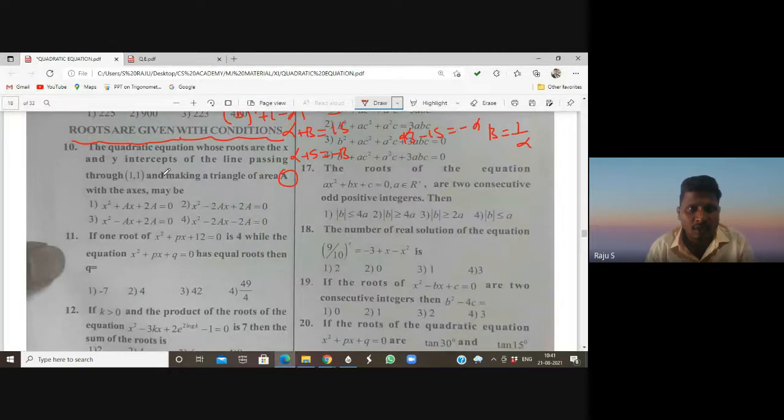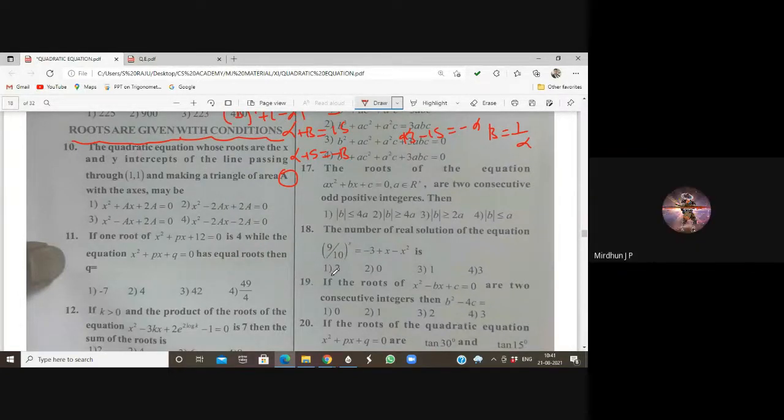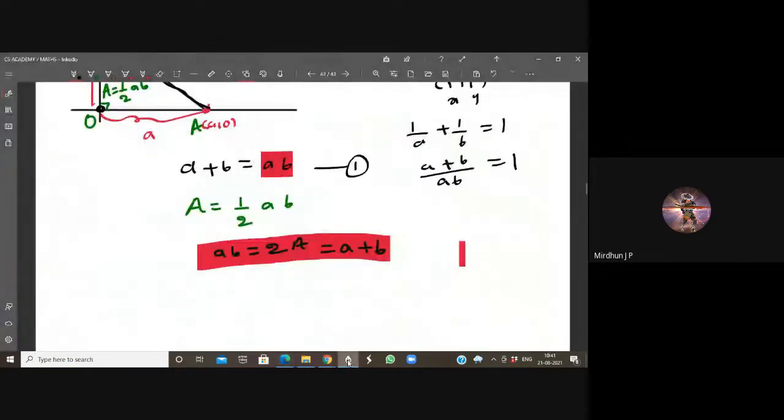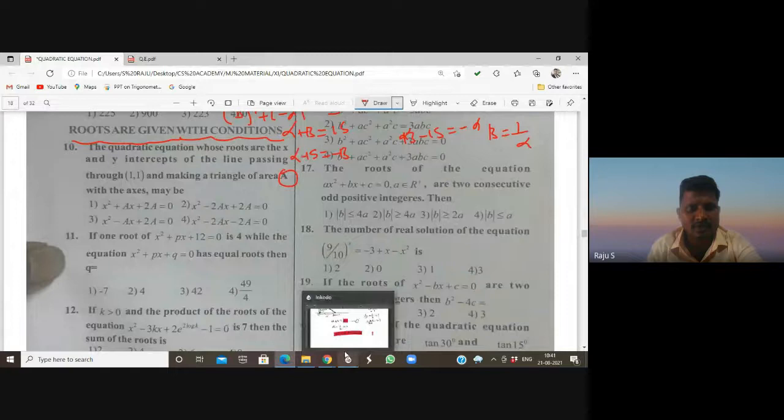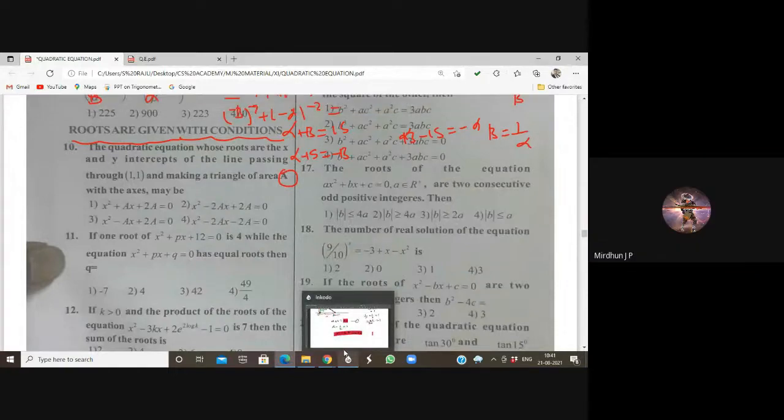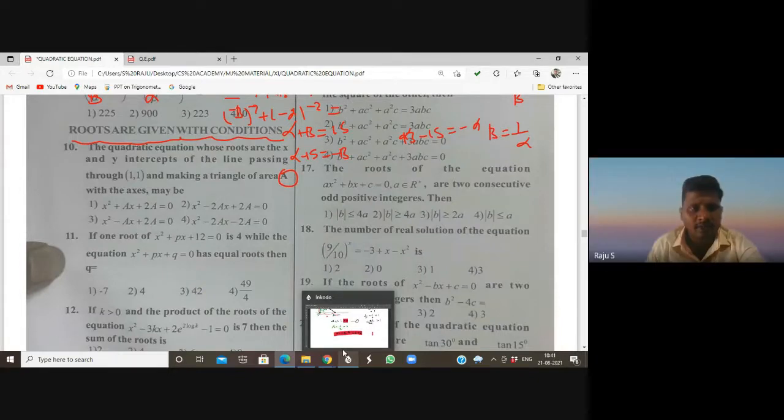In the question, the intercepts of the line pass through the axes. The second option is correct: x square minus (a plus b) x plus ab. Is it right, friends?